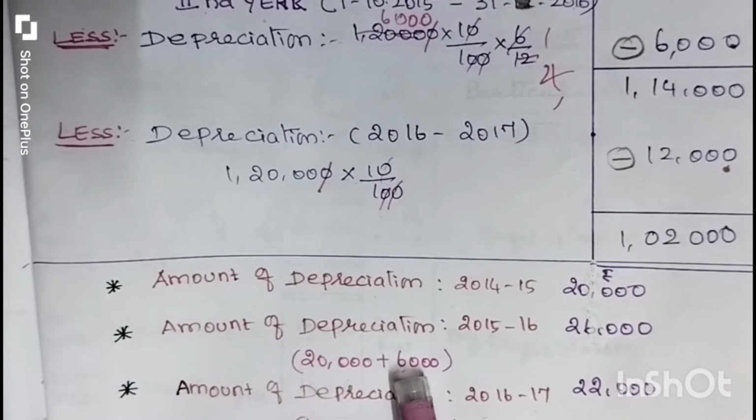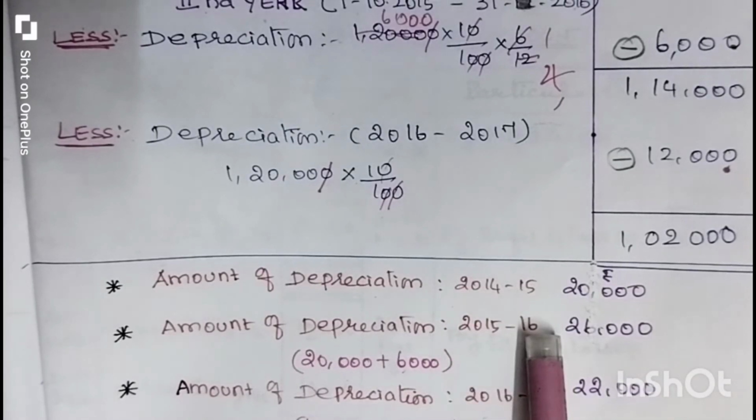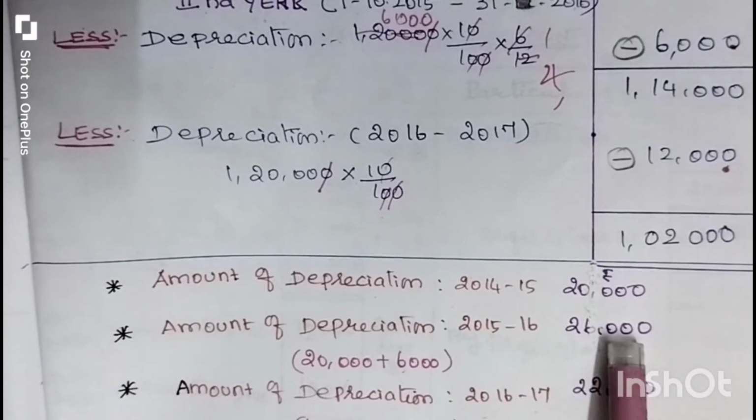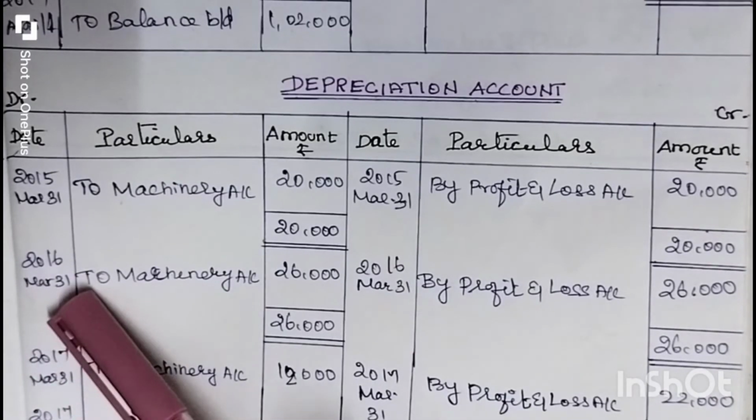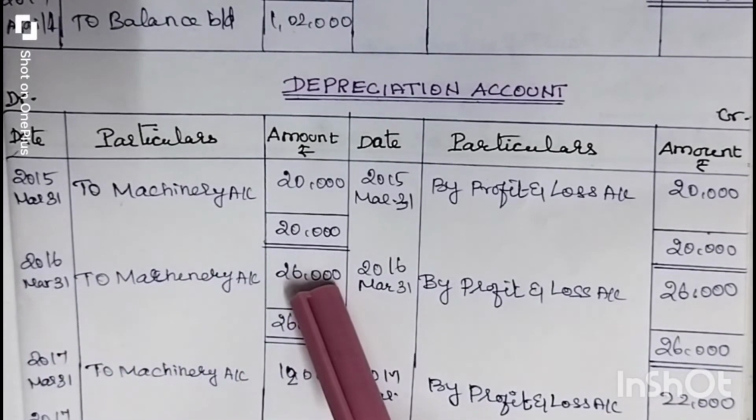For machinery 2, you get 6,000 rupees for the year 2015 to 16. You add both values and get 26,000 rupees, the amount of depreciation. So we entered March 31st 2016, machinery account, 26,000.